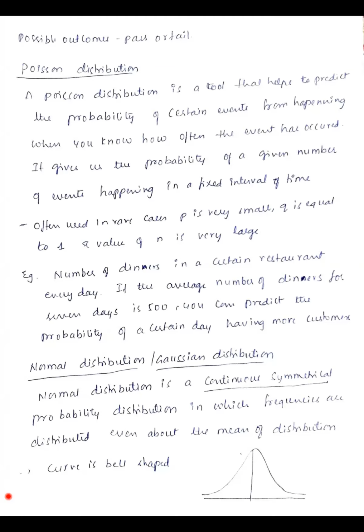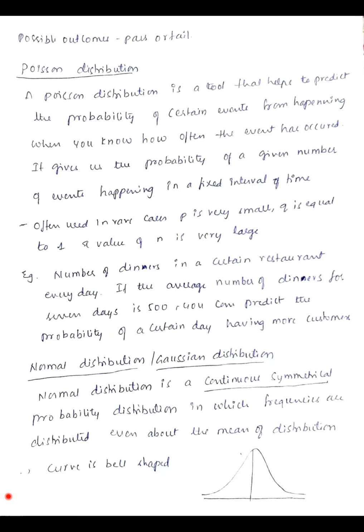The next one is the Poisson distribution. It's a tool that helps to predict the probability of certain events happening when you know how often the event has occurred. These are very rare cases that you observe.